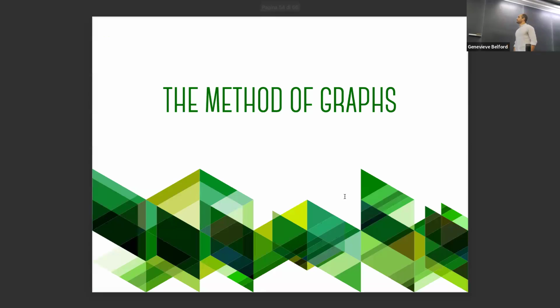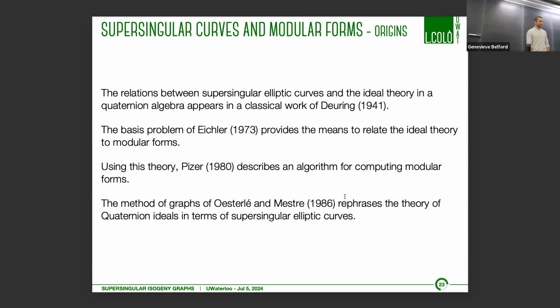Okay, so let me just talk about now the method of graphs, and then hopefully everything will come together. The method of graphs relates the world of modular curves, modular polynomials and modular forms to the world of isogeny graphs.